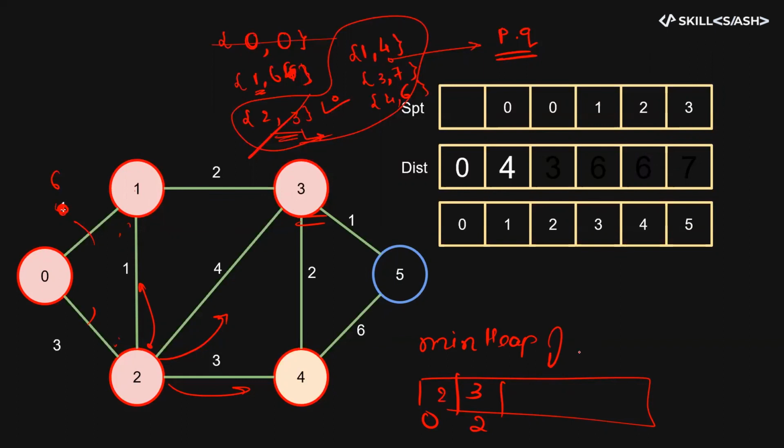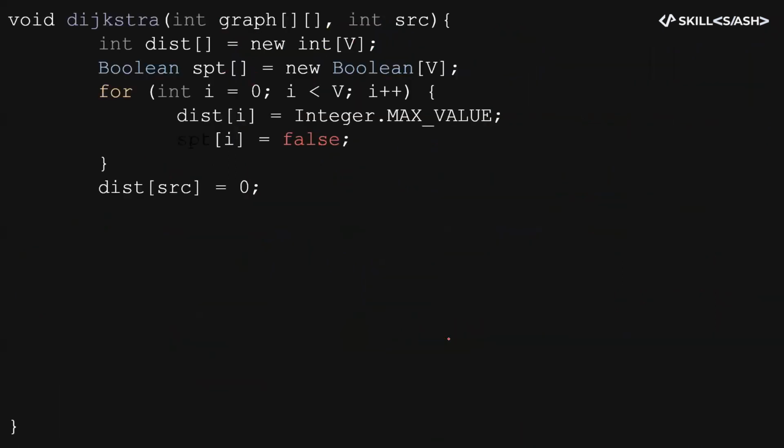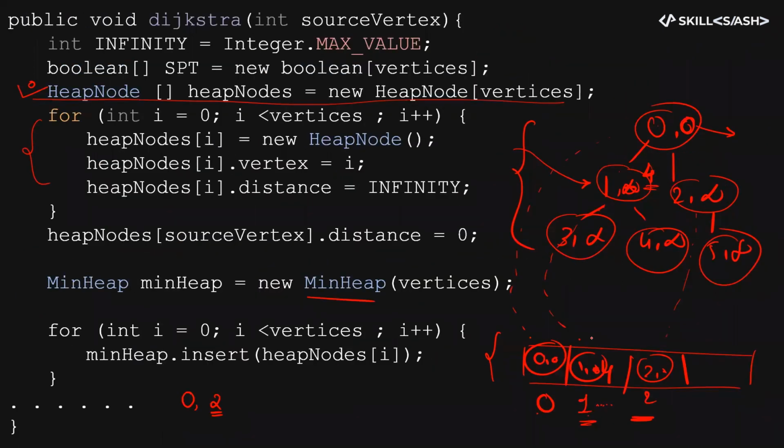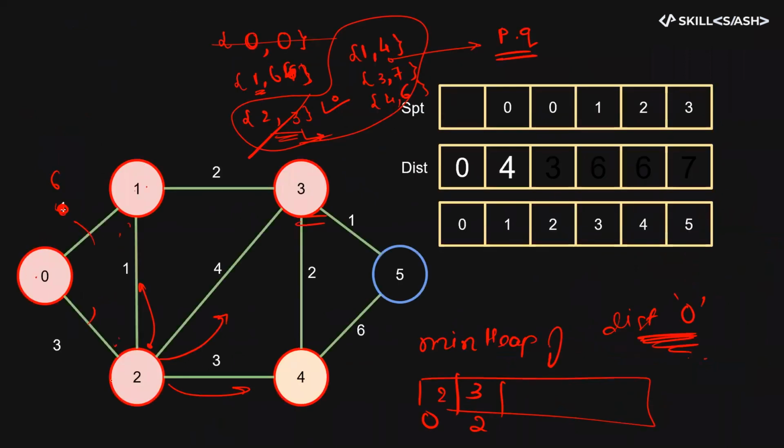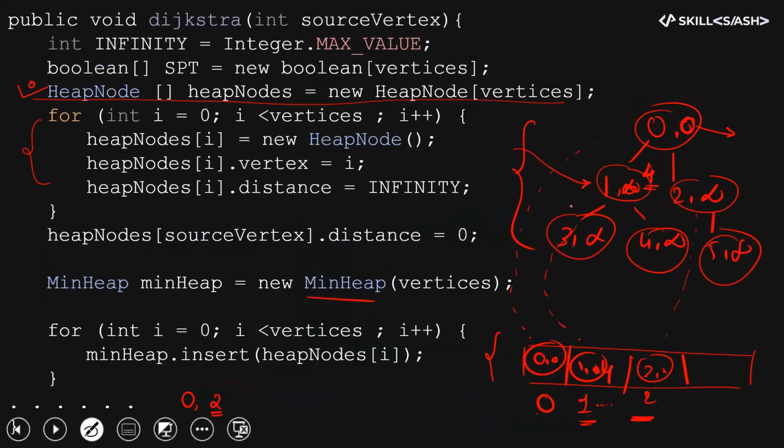Getting my point? Because over here, we are keeping it in order based upon the distance from the source. Got it? So that's why in the min heap, the indexing will be different. And over here, I want to keep it in the same order as the graph indexing, like 0, 1, 2, 3. That's why I have kept two different structures. One is the min heap, another is this one. Clear?